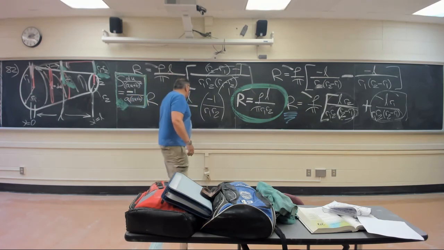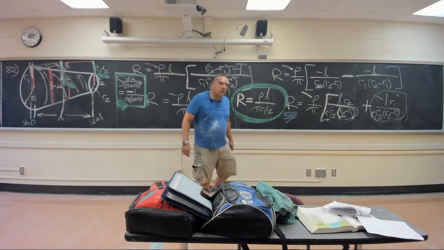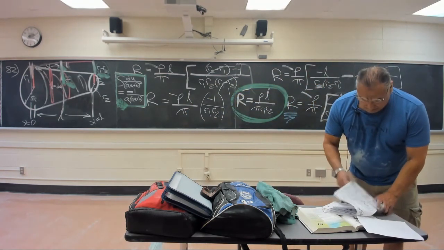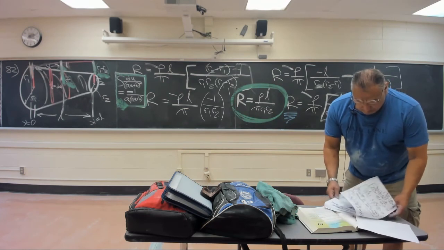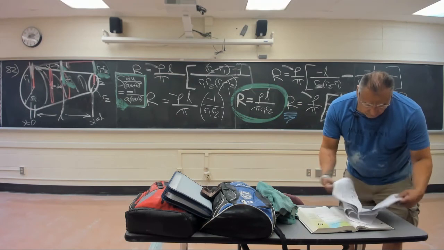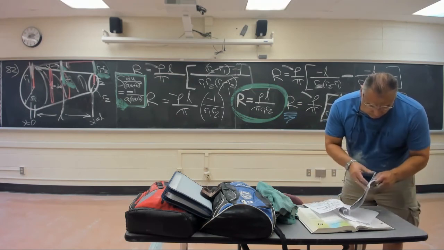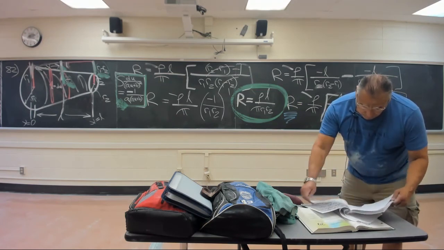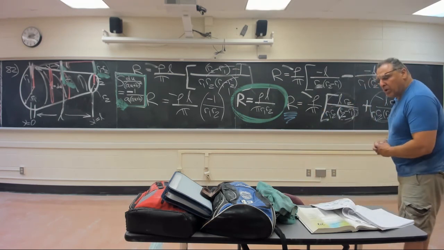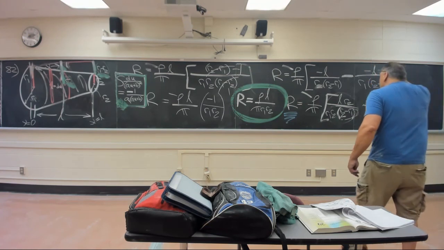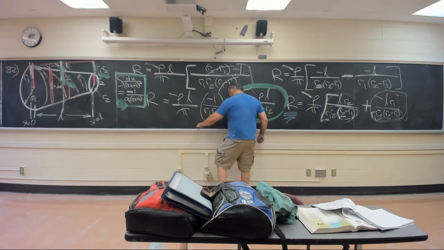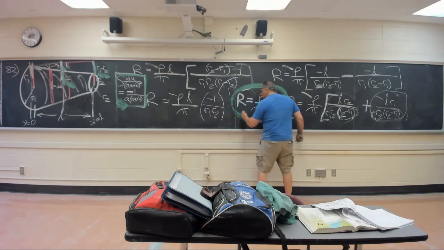We earlier made a remark, and that was R equals rho L over A. Well, first of all, at the end of the day, guys, this is the answer.